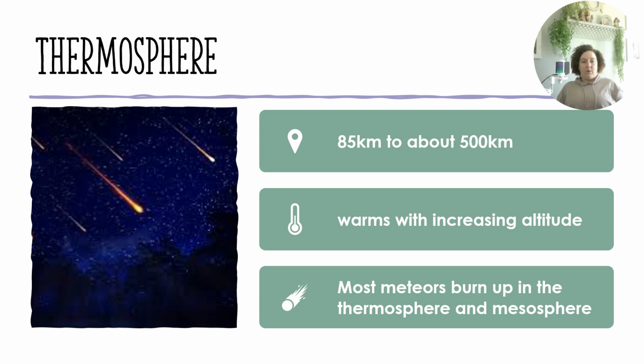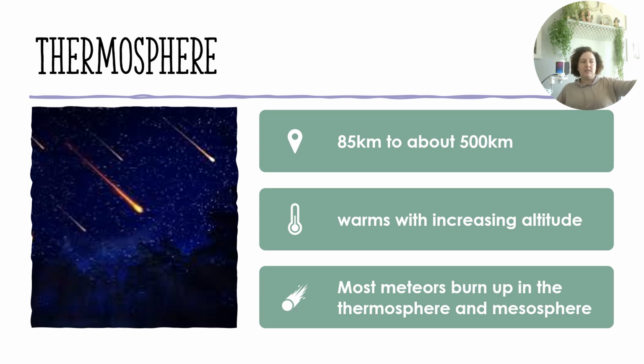Then we have our thermosphere. This is where the ionosphere blends between our mesosphere and into our thermosphere. It is about 85 kilometers to about 500 kilometers. This is probably one of our thickest layers of our Earth.